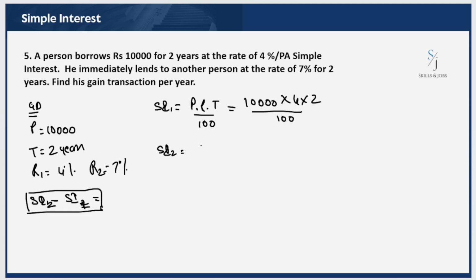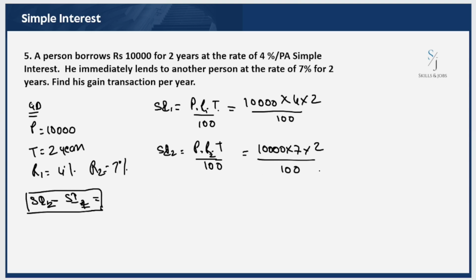Simple interest 2, again P into R into T by 100. Here you can write R2, is equal to 10,000 into 7 into 2 divided by 100.